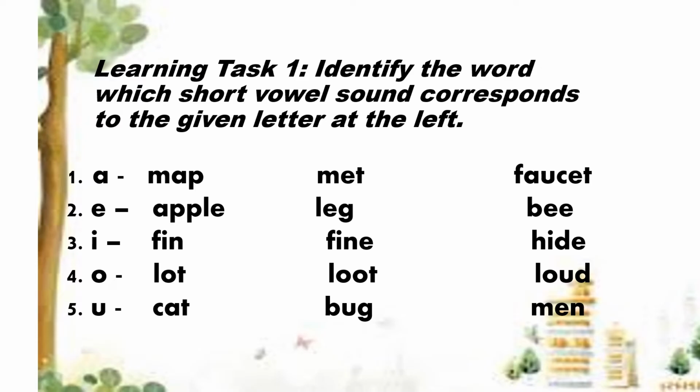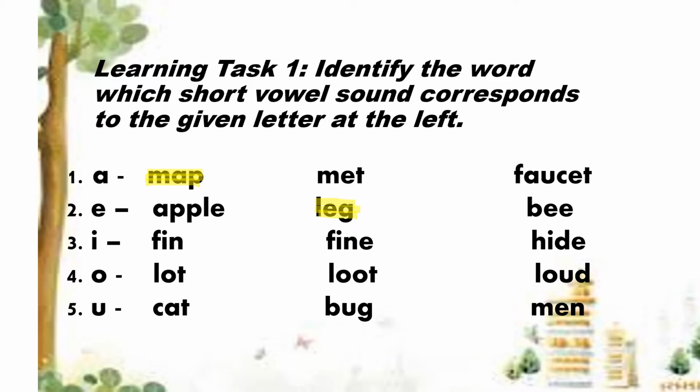What is the answer? Map, mat, faucet. It's map. Number 2, apple, leg. What is the answer? It's leg.